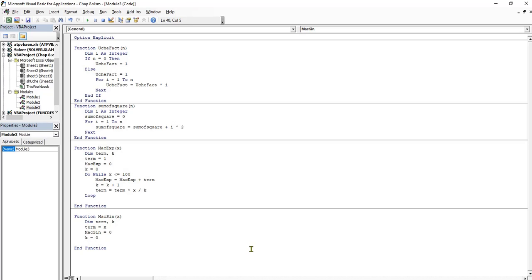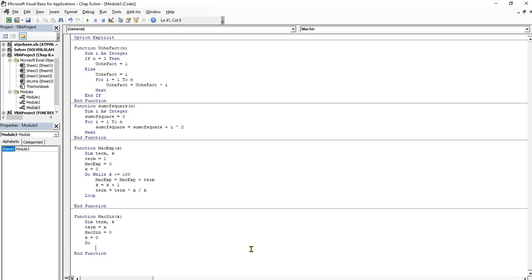Now we're going to use the Do While loop structure, where you start with Do, you enter. Now I will indent in.